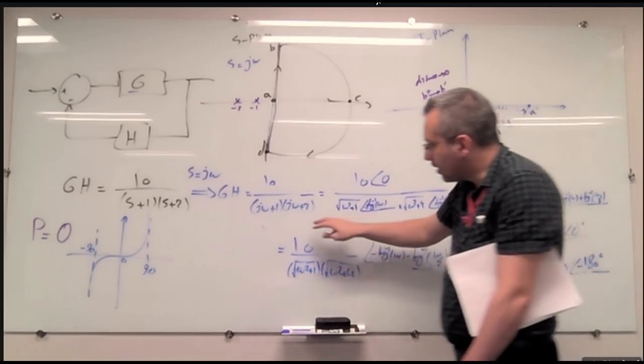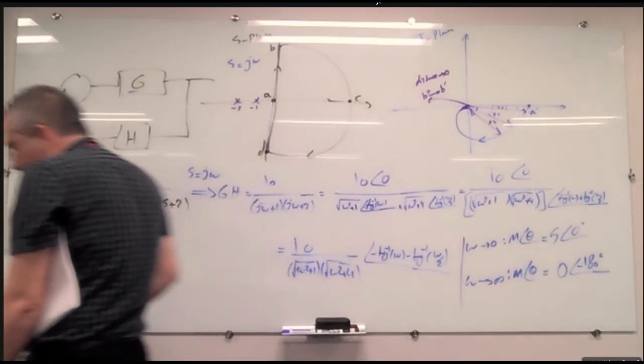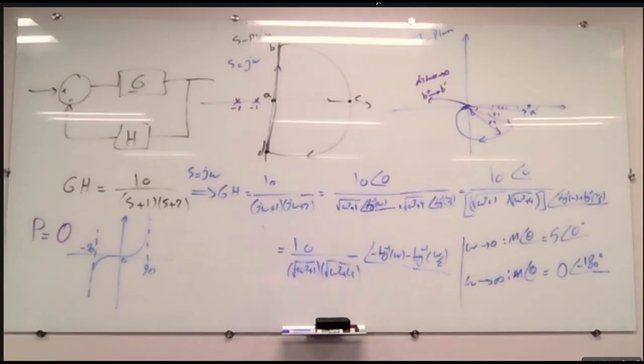Now, let's look again at the amplitude. We said if omega increases, we are going to have lower amplitude. But omega starts from 0 and goes all the way to infinity. Omega squared increases if the value of omega is 1 or bigger than 1. When omega is between 0 and 1, what's going to happen?